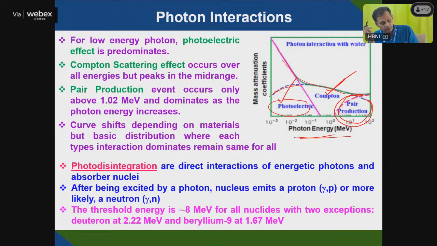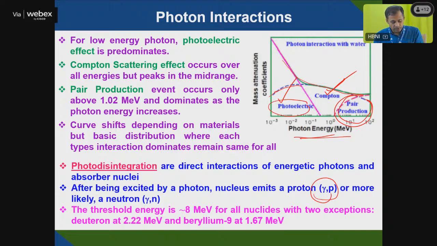Another type of interaction that causes damage to the material system is photodisintegration, a direct interaction of very, very high energetic photons with nuclei. After being excited by the photon, you will see a gamma-proton or gamma-neutron reaction, so a proton or neutron is eliminated from the material.